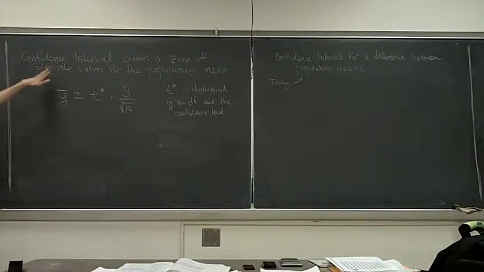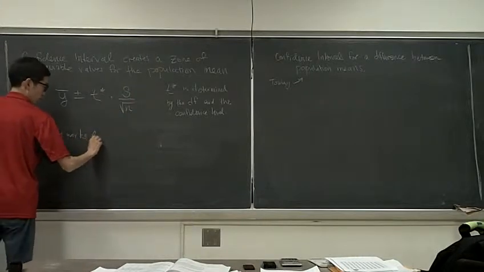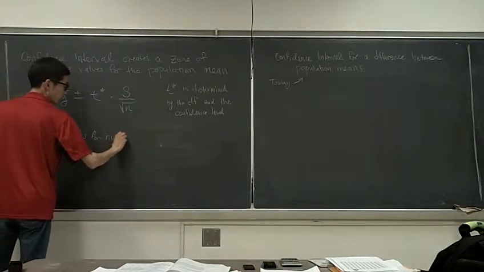A confidence interval for a population mean only makes sense when you've got a quantitative variable, because you can't have a mean for anything that's not numeric.